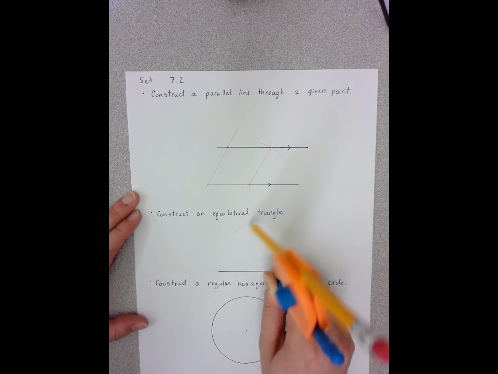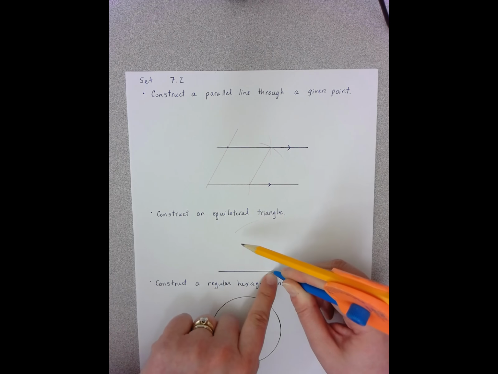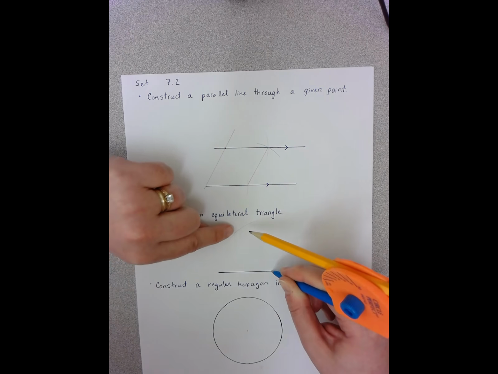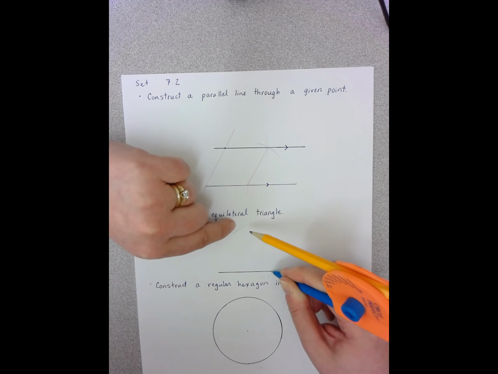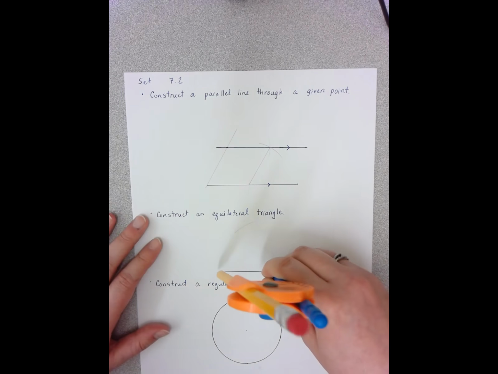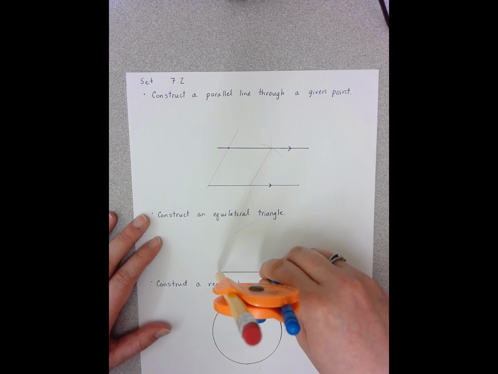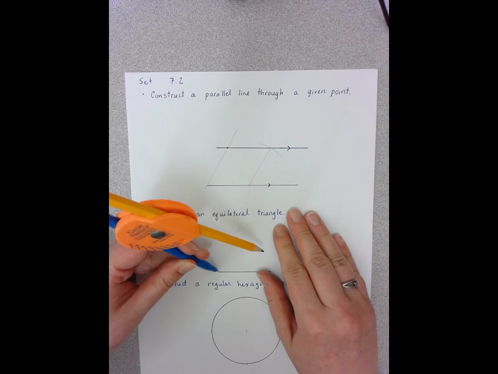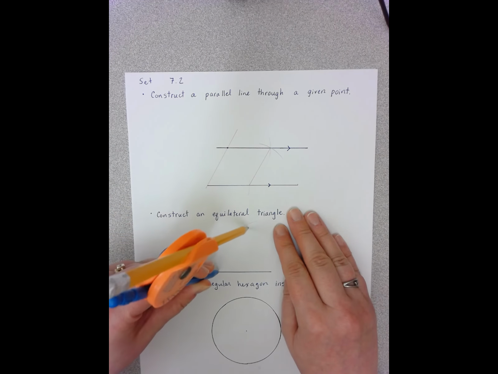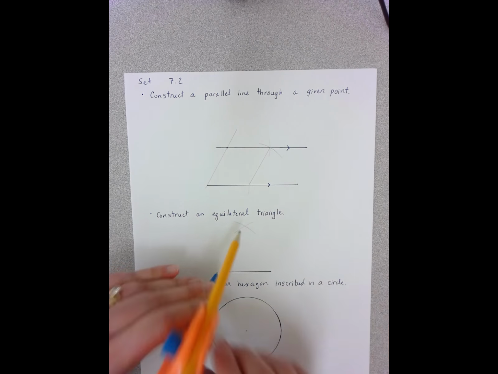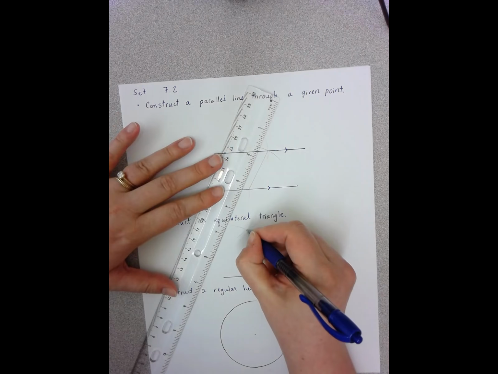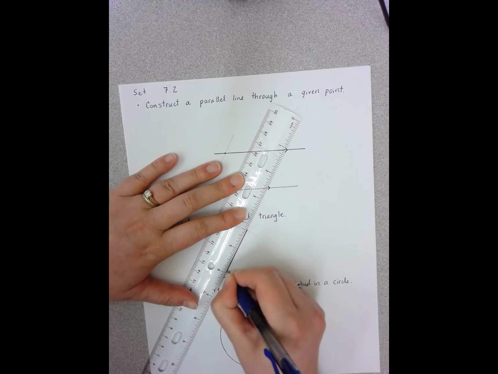I know that from this point, where the pointy part of my compass is, to any point on this arc is going to be the same length as this given line segment. But I need a 3rd side, so I do that same process from the other side of my line segment. And where those 2 arcs intersect is where my 3rd corner, or vertex, of my triangle sits.